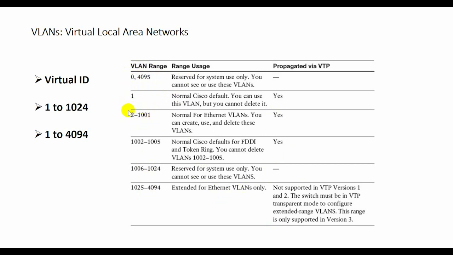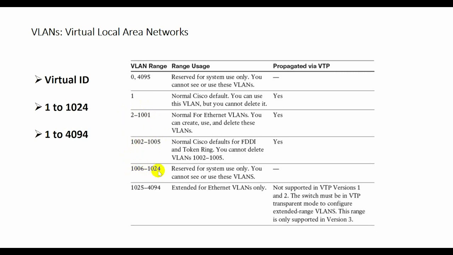Also, VLAN 2 to VLAN 1001 are normal VLANs for Ethernet, and VLAN 1002 to 1005 are normal Cisco defaults for FDDI and token ring.